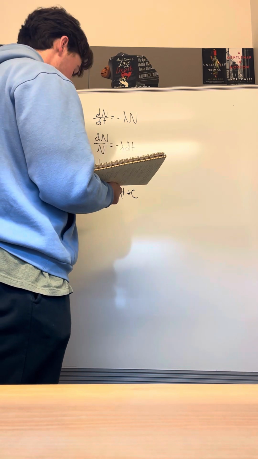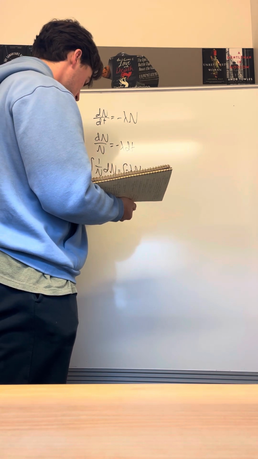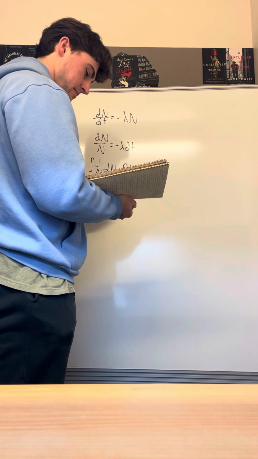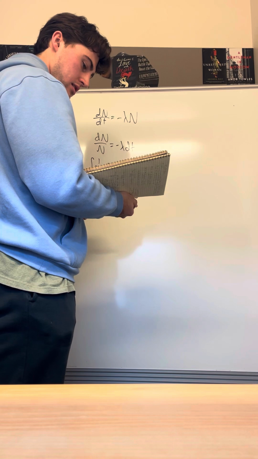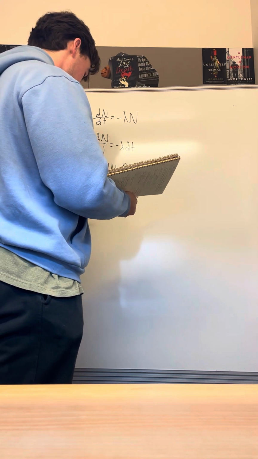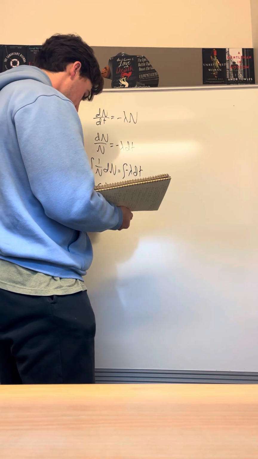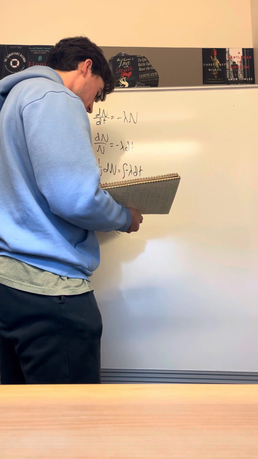So we want only N, so N becomes e to the negative lambda t plus C. And then we can say that is equal to e to the C times e to the negative lambda t.